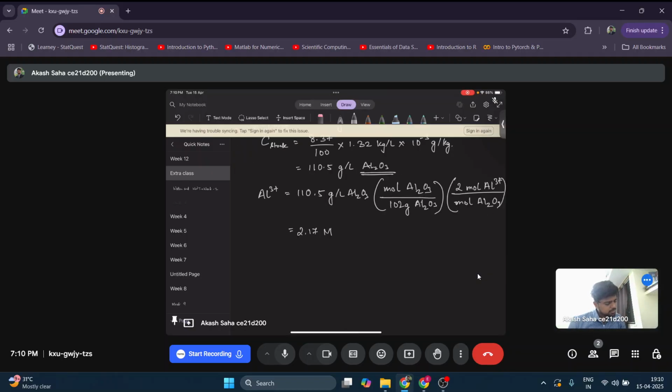So C stock in terms of alum will be 110.5 grams per liter of Al2O3, divided by the molar mass of Al2O3, that is 102 grams per mole, and then multiplied by the molar mass of Al2(SO4)3·14H2O, that is 594 grams per mole of alum.